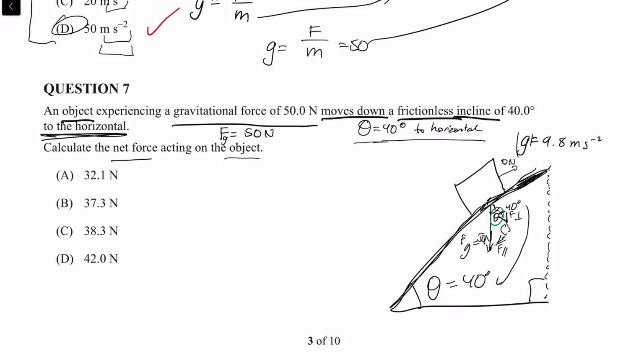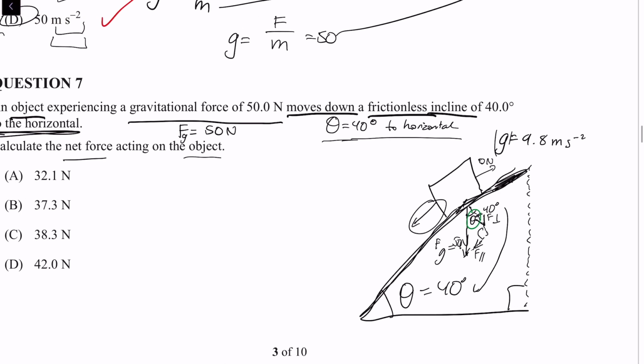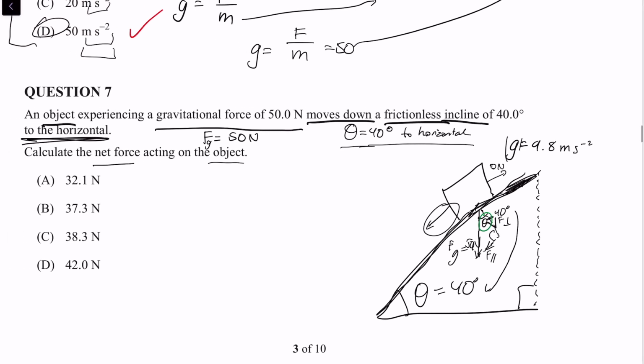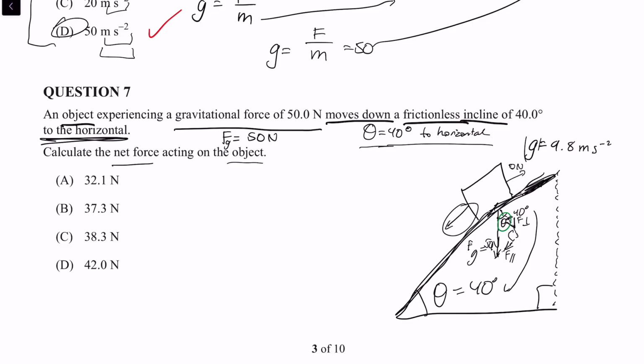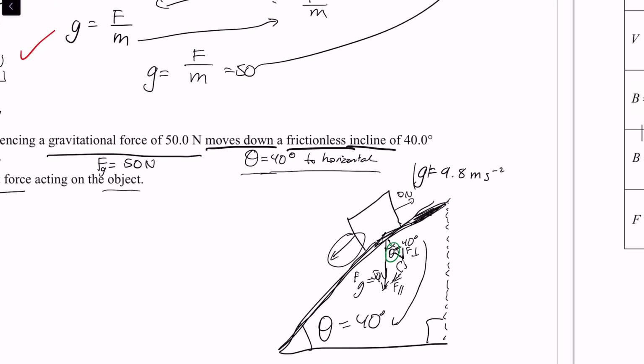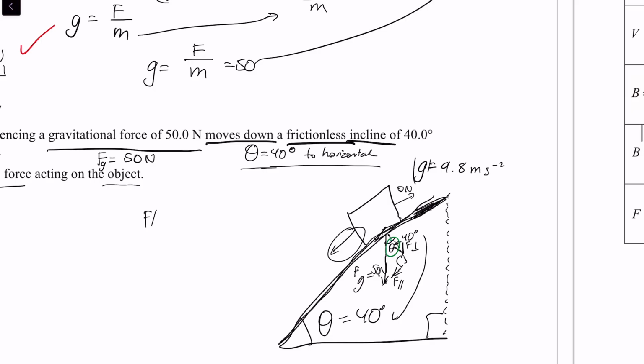So there's no opposing force. I'm literally just trying to find this right here, the force parallel to the plane going down. I've defined going down as a positive value, so I can just work with positives there.